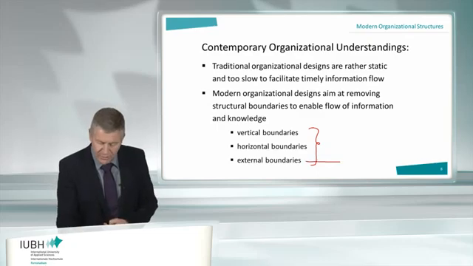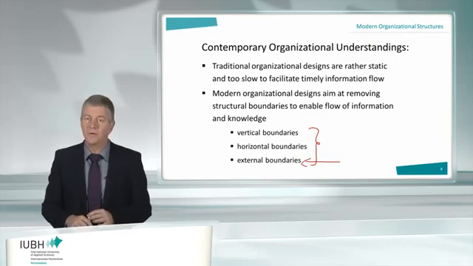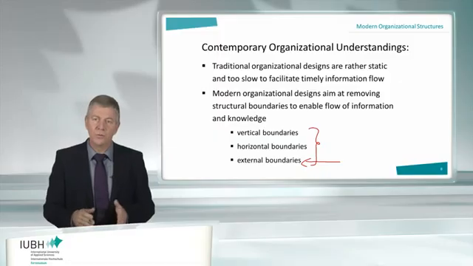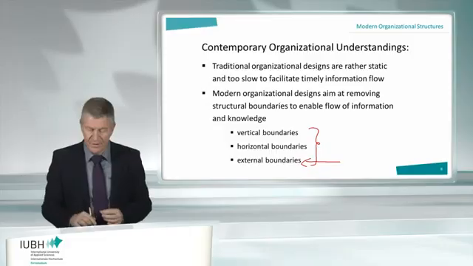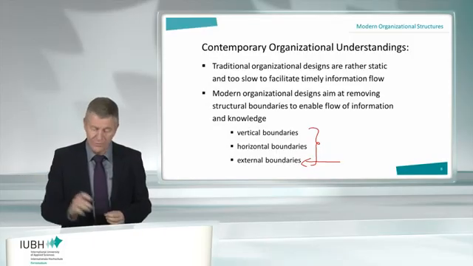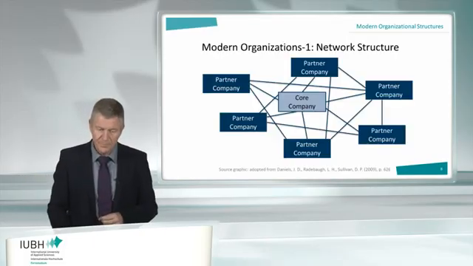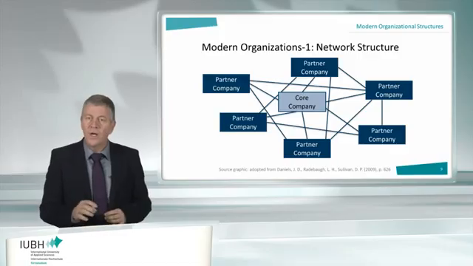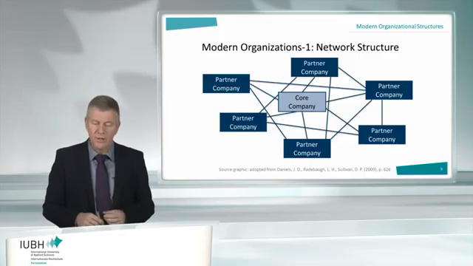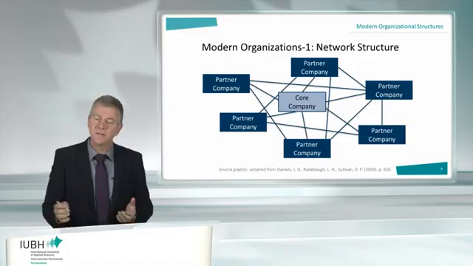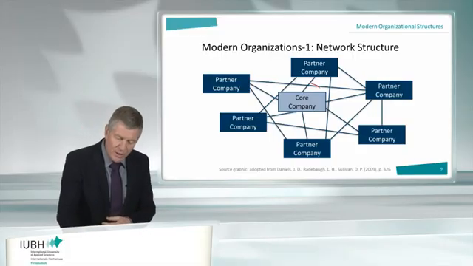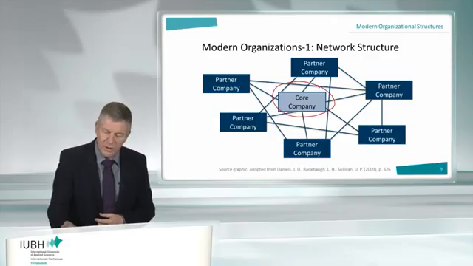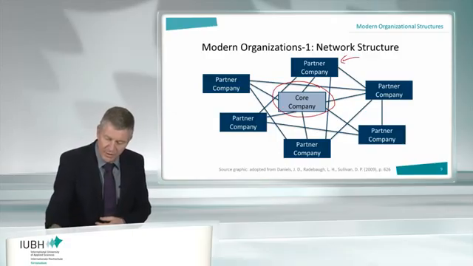Let me just briefly address external boundaries because these are the boundaries that would be the connection between your company and the outside stakeholders of your company. I have one example here for a modern organization, and this is a network structure. What you can see here is you have a core company, and that would engage with certain partner companies.